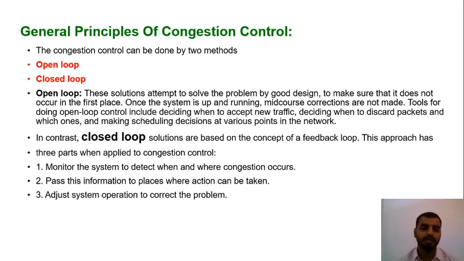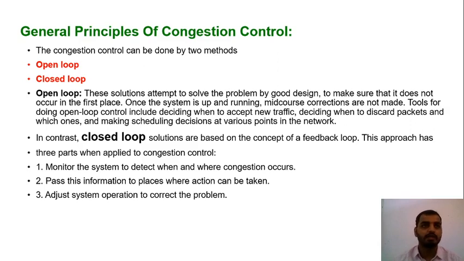The second type is the closed loop type of congestion control principle, in which it will delete the people. For instance, there is a capacity of only 100 people allowed inside the hall. You will say that only the first 100 people will be allowed inside the auditorium hall or the seminar hall.